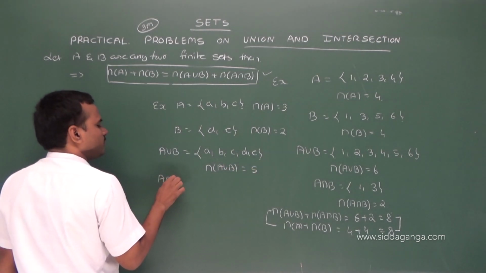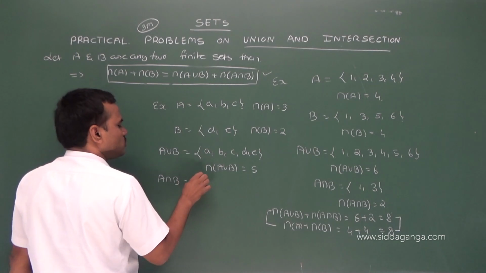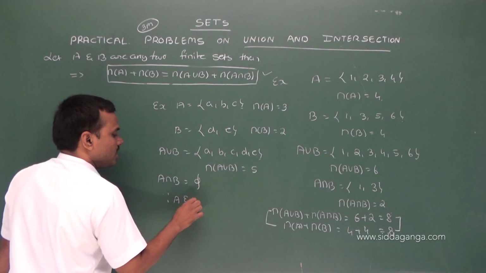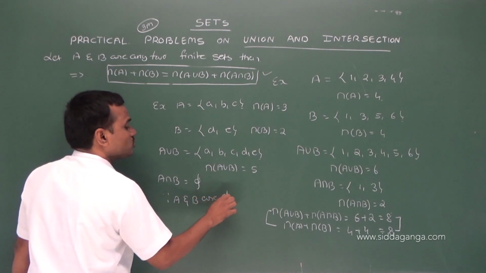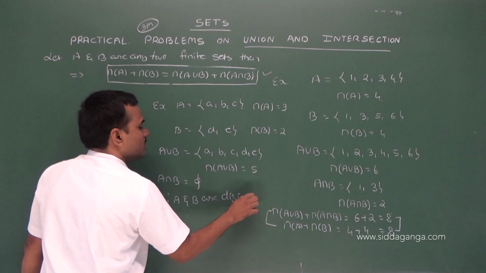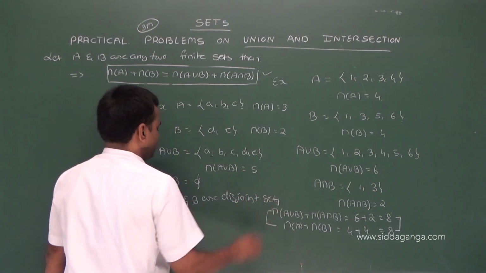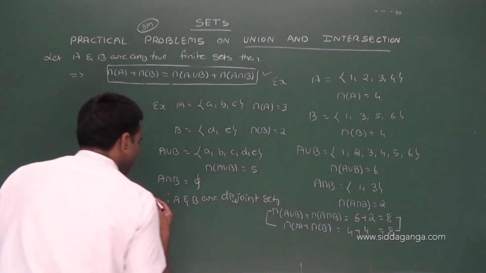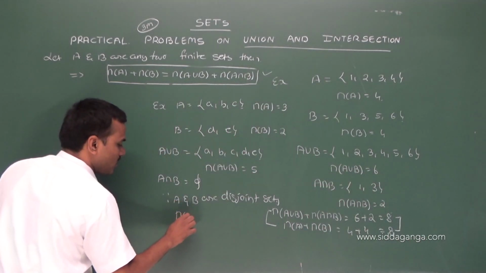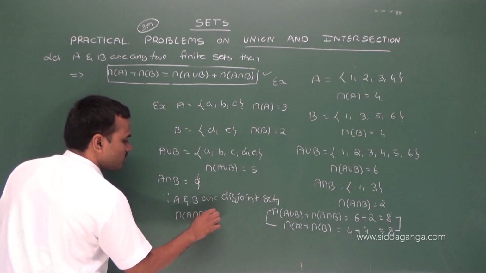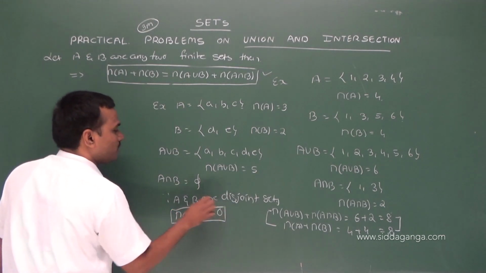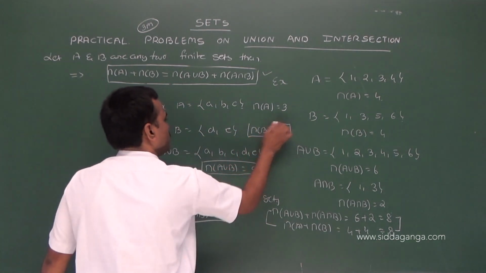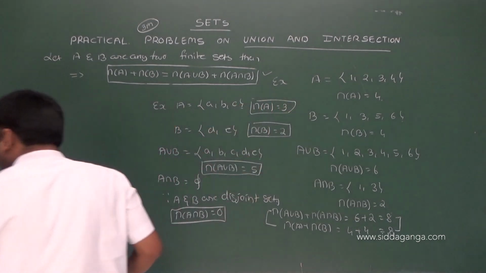A intersection B: any common elements? No, since A and B are disjoint sets. A intersection B is empty. It has no element, which implies n of A intersection B is equal to 0. Total number of elements present in A intersection B is 0.